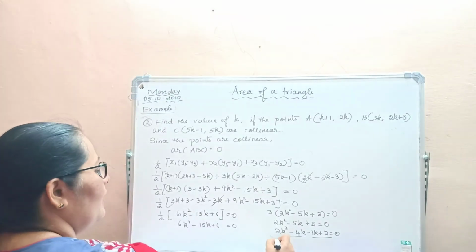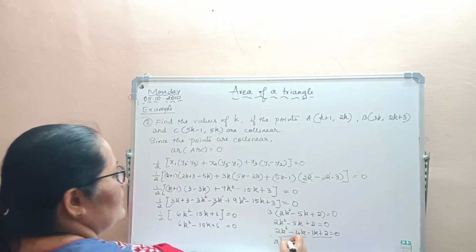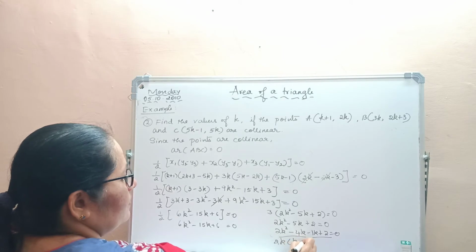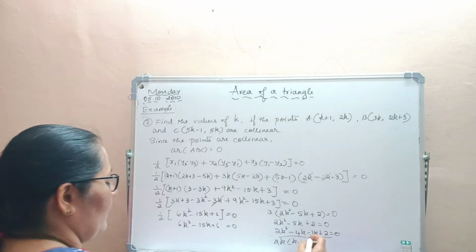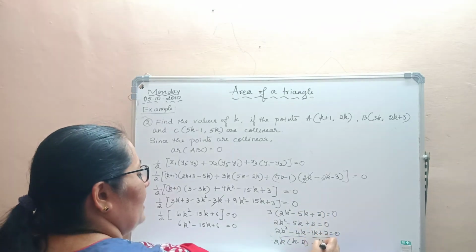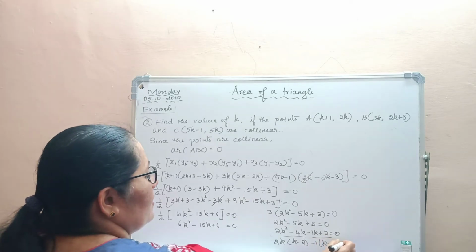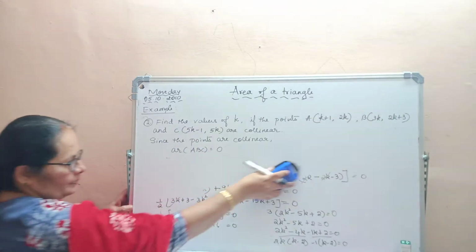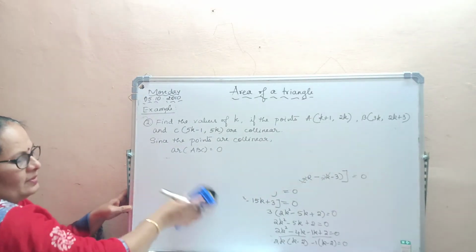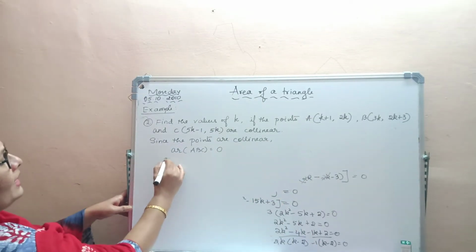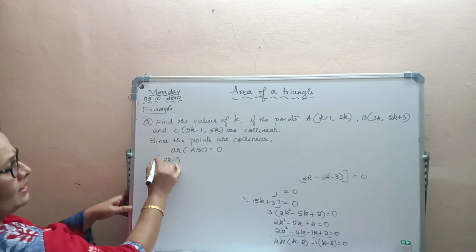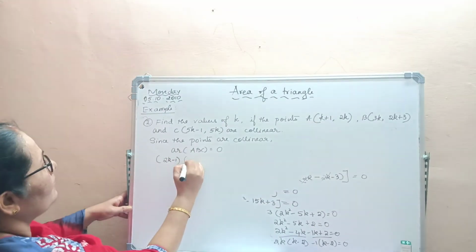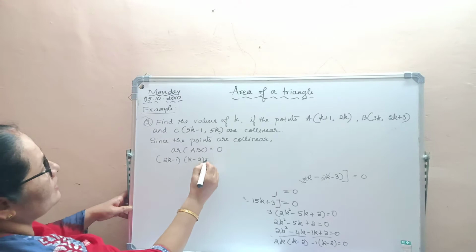So you will get 2k into (k minus 2), then minus 1 into (k minus 2) equals 0. So you will get (2k minus 1) and (k minus 2) equals 0.